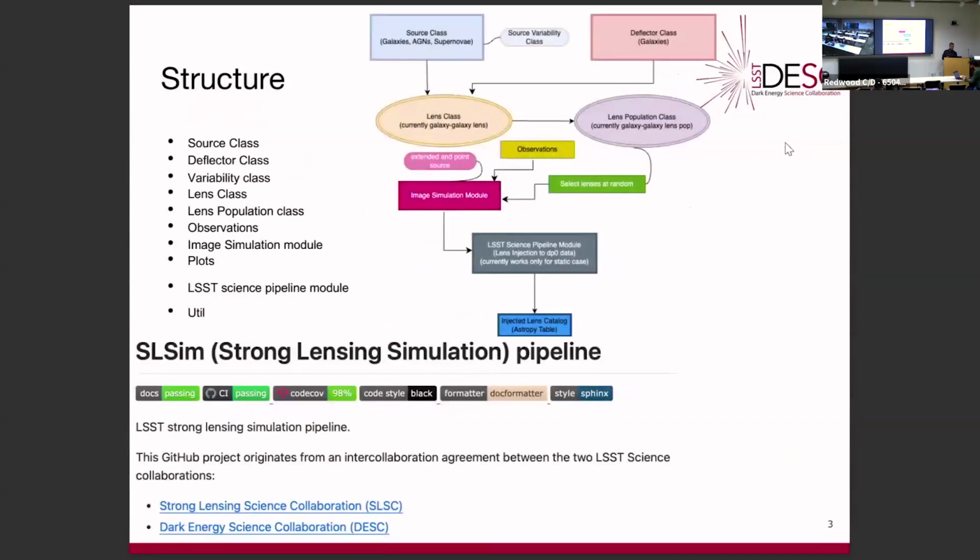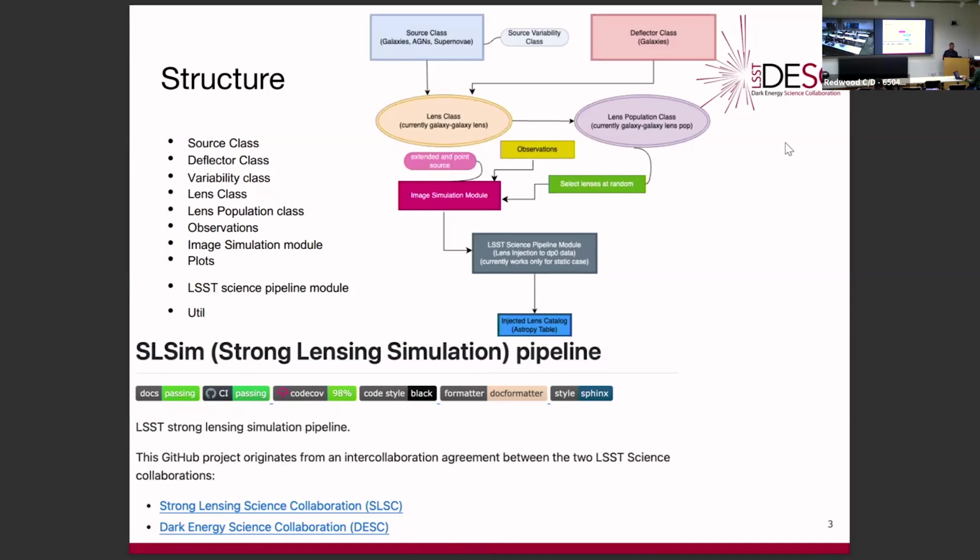Here is the structure of SLSim. In the diagram, you can see how different components of SLSim are connected with each other. SLSim is very well tested and well documented code. The current code coverage of this software is 98%, and we have provided documentation for almost all the functions and classes in the code.